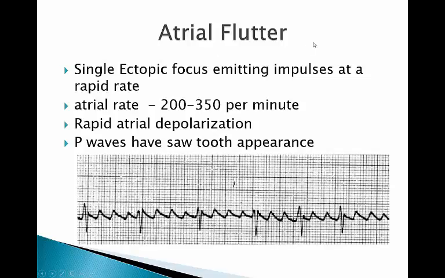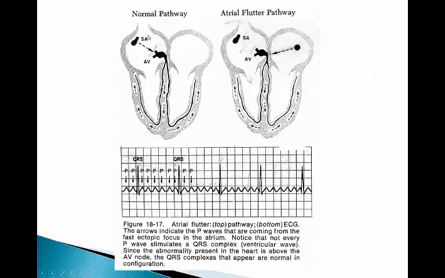So the big thing with atrial flutter and how it differentiates from AFib is that atrial flutter has the sawtooth appearance. These P waves look like saw teeth, and that's the biggest difference between atrial flutter and atrial fibrillation. So again, normal pathway.